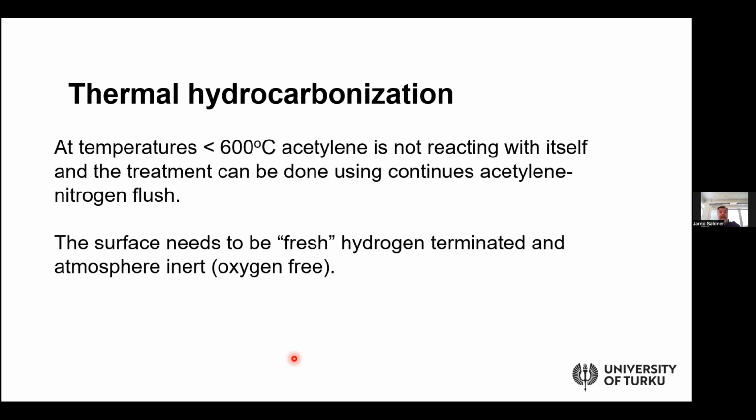It creates this kind of hydrocarbon termination on the surface, and that's why we call it thermal hydrocarbonization. Anyway, the surface needs to be fresh hydrogen terminated, and it needs to be an oxygen-free atmosphere. Otherwise, this doesn't work.